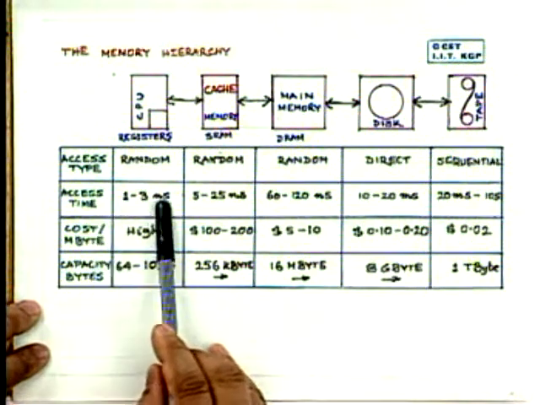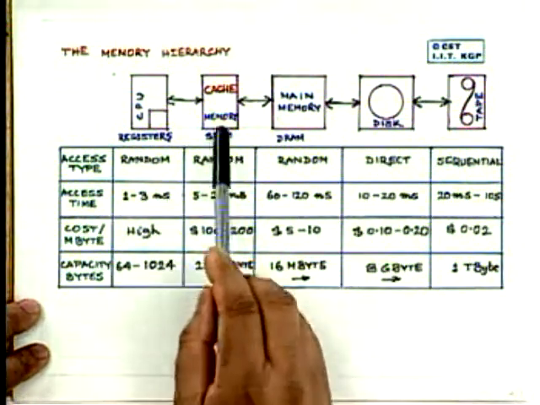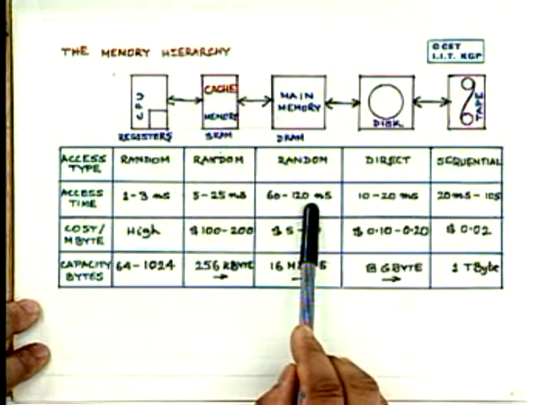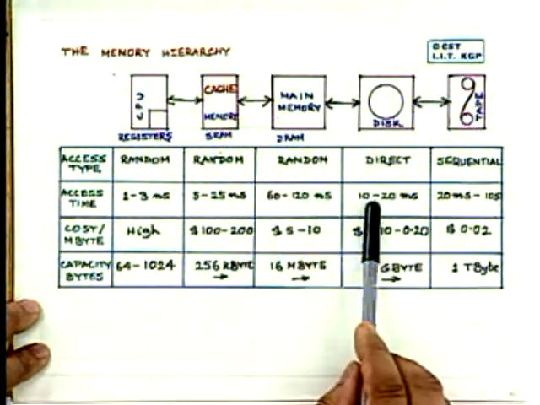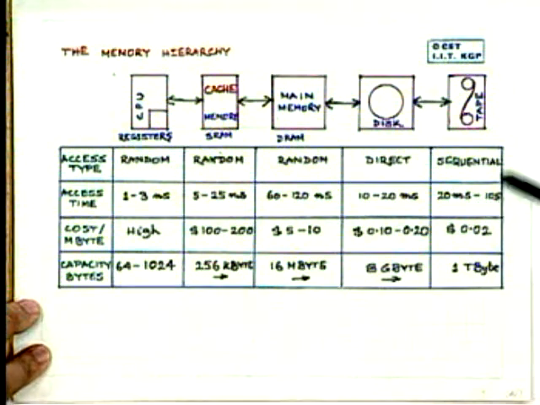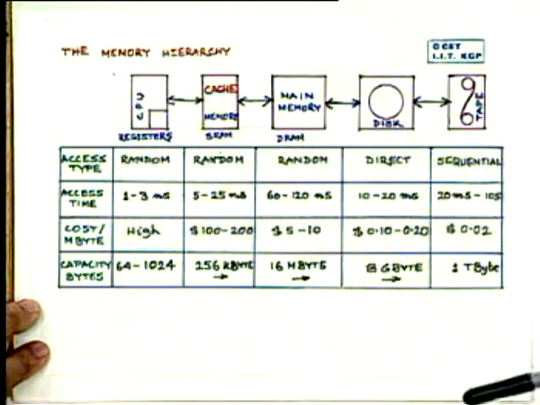Access time is 1 to 3 nanoseconds for registers, 5 to 25 nanoseconds for the cache, the SRAM, 60 to 120 nanoseconds for DRAM, 10 to 20 milliseconds on average for the disk, and 20 milliseconds to say 10 seconds for the tape, since this is essentially sequential access, right?